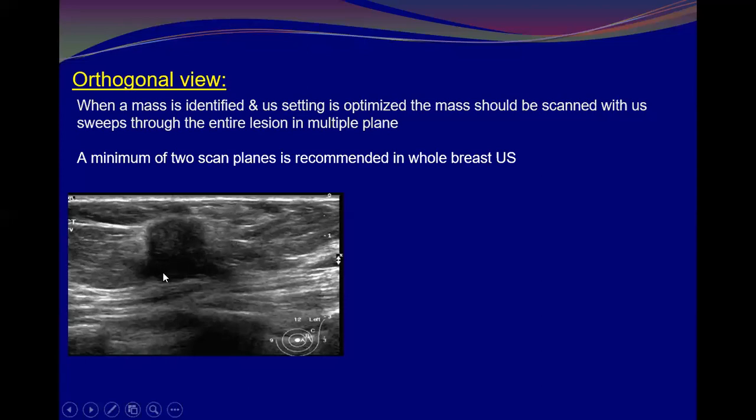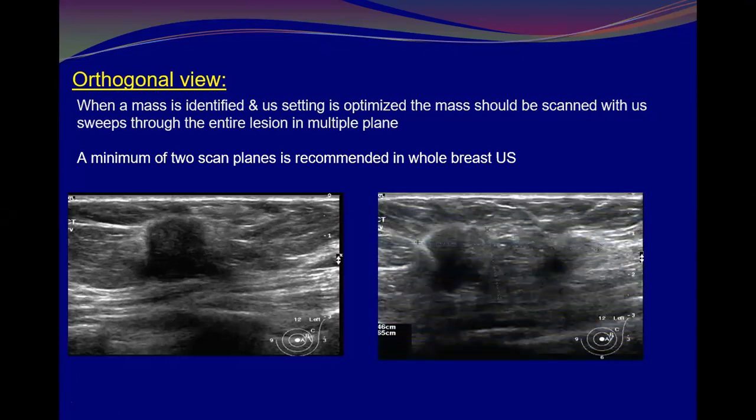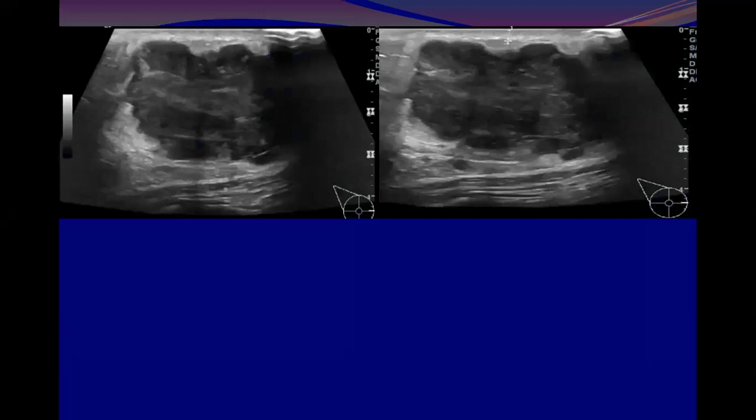This is definitely a suspicious lesion. Indistinct with echogenic halo, some spiculations and angulations is suspicious. When we sweep throughout, look how the lesion is even much larger than in this image and much uglier, and much more suspicious than in the first view.